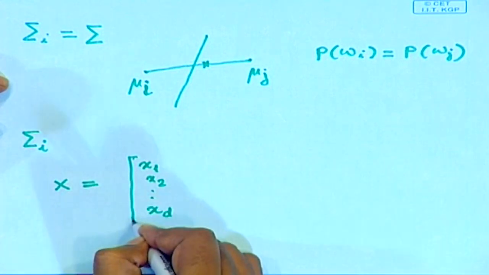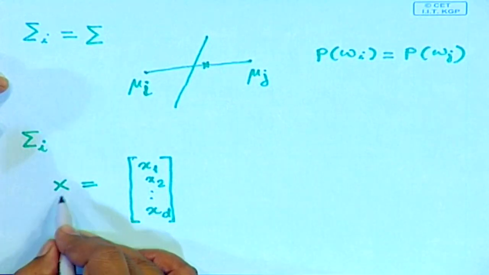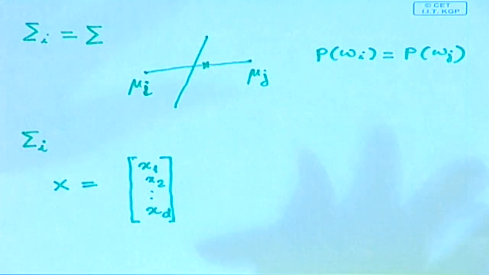So in all these three cases, our basic assumption was that the feature vectors are continuous. That effectively means that if I consider a d-dimensional feature space, then the feature vector can be represented by any point within that d-dimensional feature space. I do not have any specific set of points from which the feature vectors are drawn.